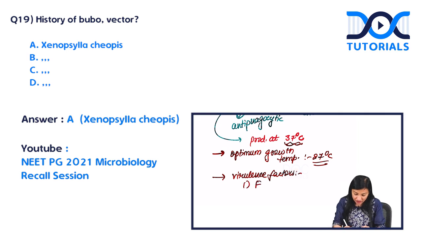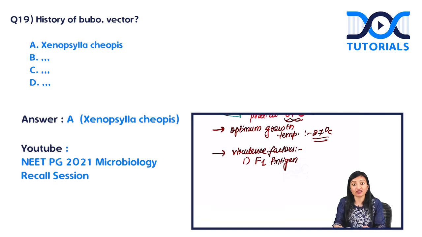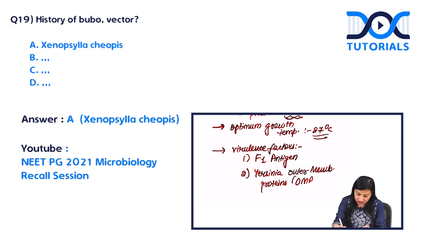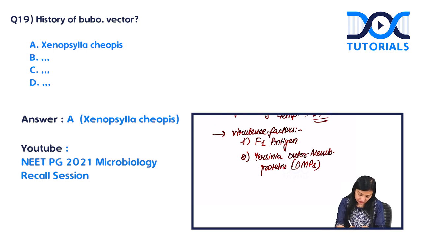Now talking about the important virulence factors. Remember, one is the F1 antigen, which is present in the capsule. The capsule itself is a virulence factor because it is antiphagocytic. Then Yersinia outer membrane proteins, that is OMPs. Then LPS, that is lipopolysaccharide.